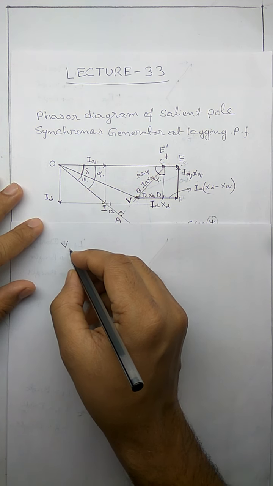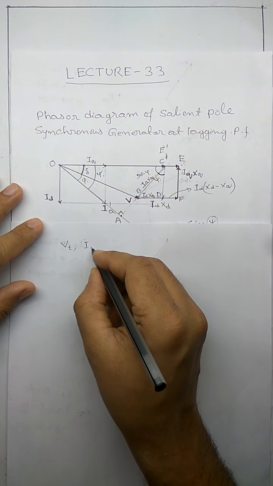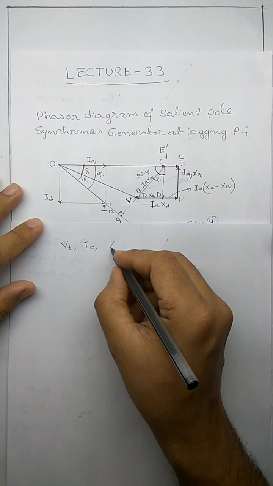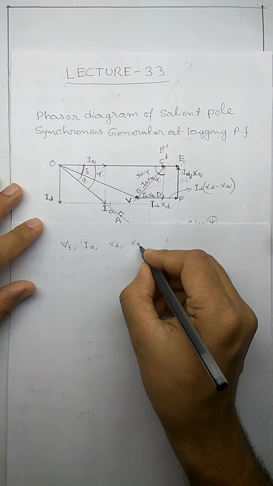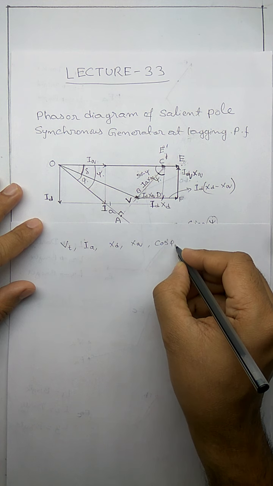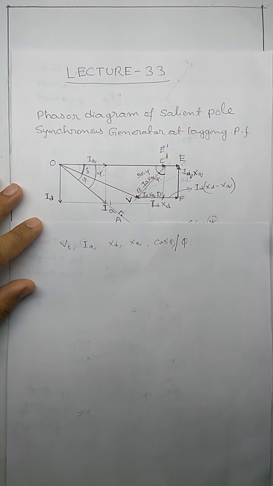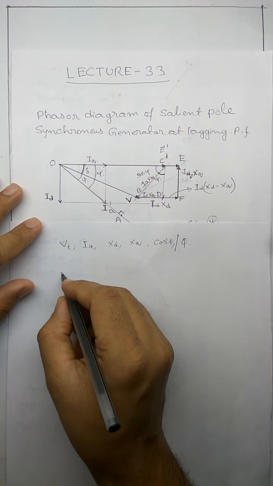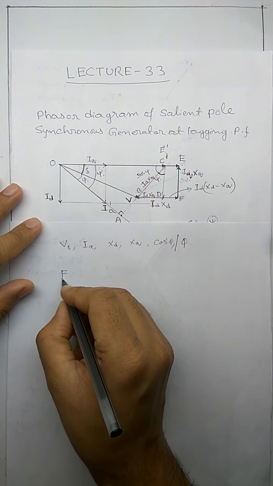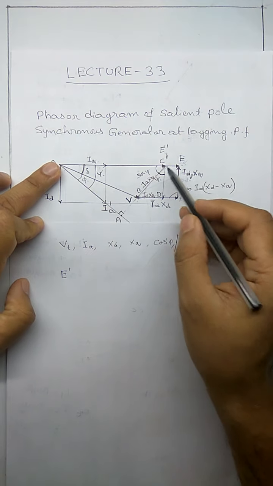V, the terminal voltage, will be given, I, that is IA, will be given, then XD, XQ will be given, and power factor cos phi or phi will be given. These are the things that will be given. So what we will do, we will first find E dash. How will we find E dash? E dash is from O to C.